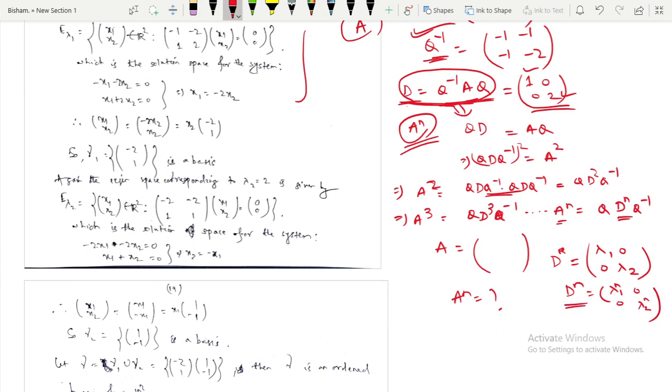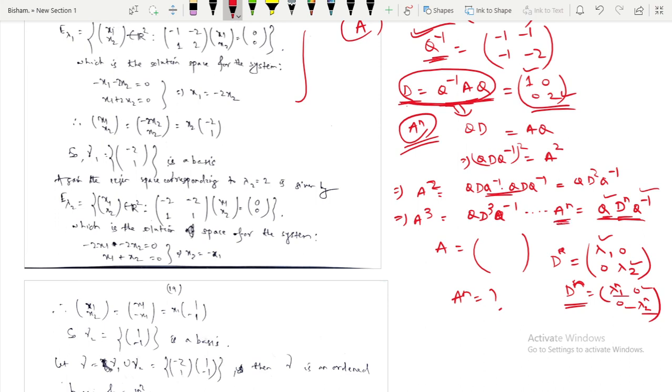That means D to the n is just the non-zero diagonal elements raised to the power n, and the rest are 0. So it is easy to get D to the n. Then you know how to find Q, and after finding Q, find Q inverse. Then Q D to the n Q inverse is A to the n.